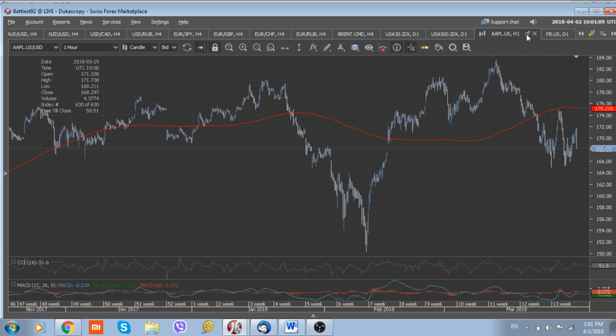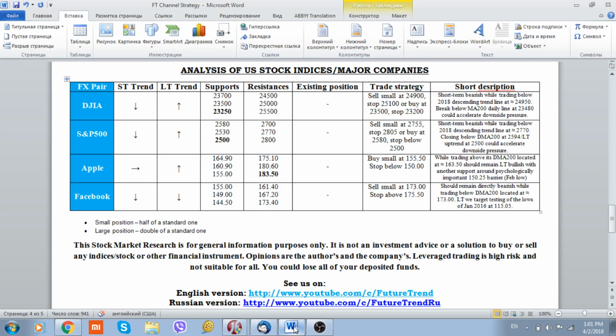From a short-term point of view, Apple is in a consolidation correction after the stock reached a high of 183.5, and now we prefer to follow the market and buy a small position around 155.50 with a stop below the psychologically important level of 150.